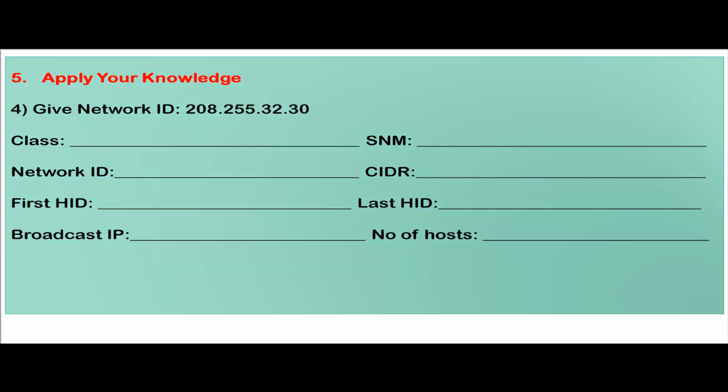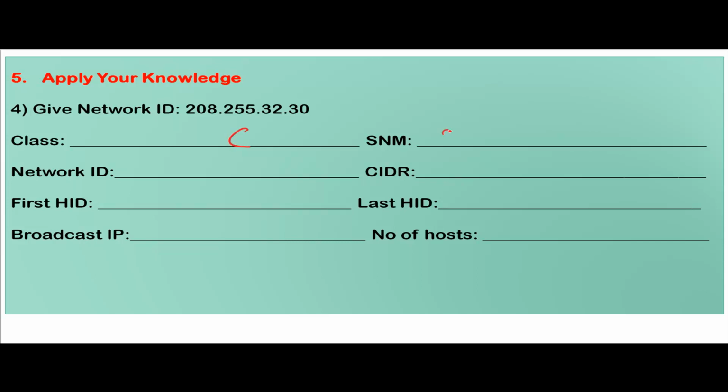The last example is a network ID or IP address, anything: 208.255.32.30. So 208 belongs to class C. This is a class C IP address.